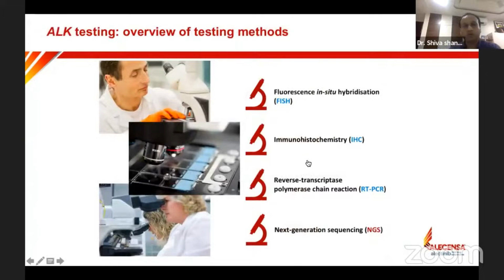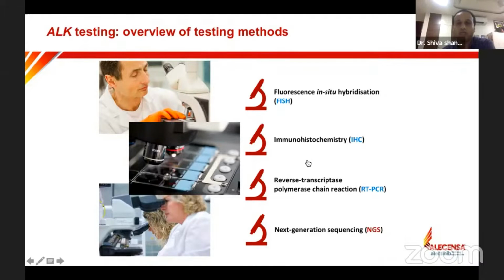So moving on, we all know that particularly in non-small cell lung cancer, and particularly in adenocarcinoma, the majority of tumor histologies are biomarker driven, and if we are able to pick up these biomarkers, we are able to drug them and improve the outcomes. One such biomarker is ALK. So how do we test for ALK? There is a broad variety of testing methods: FISH, immunohistochemistry, RT-PCR, or next generation sequencing.